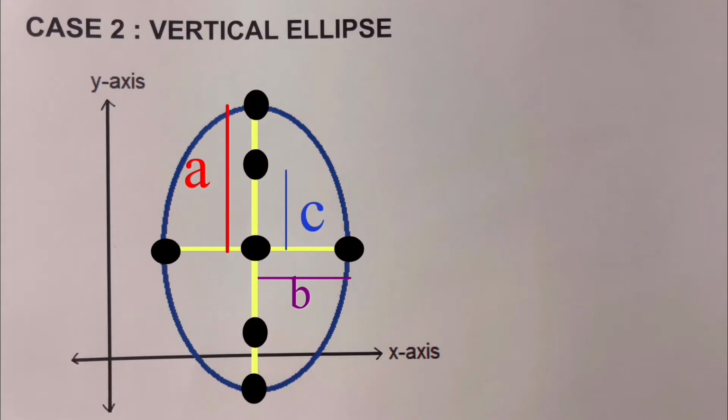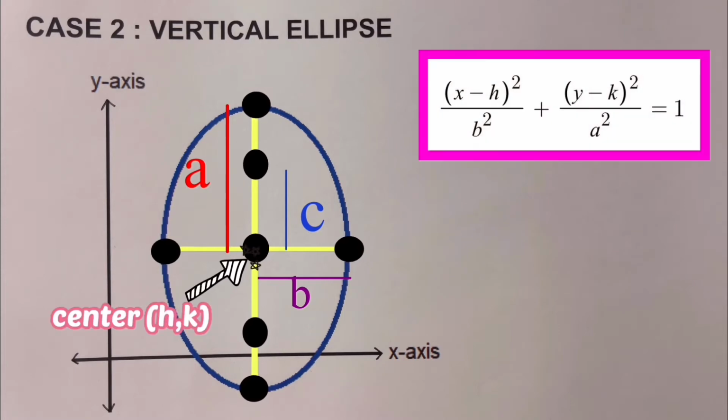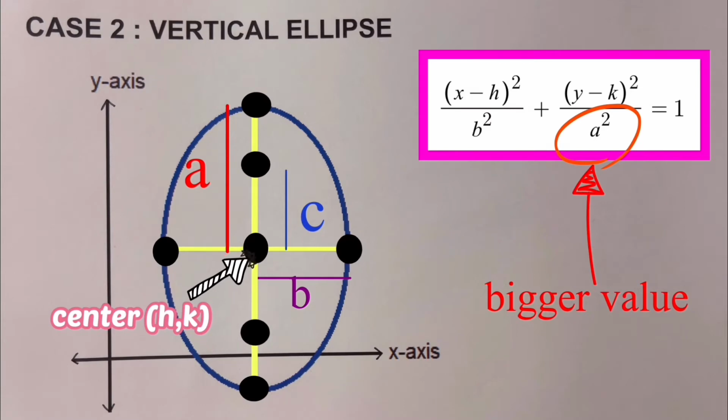Using all these values, we remember that the formula for a vertical ellipse is (x minus h) squared over b squared plus (y minus k) squared over a squared equals 1. Now we remember that a squared, which is the greater value, is placed under (y minus k) squared.